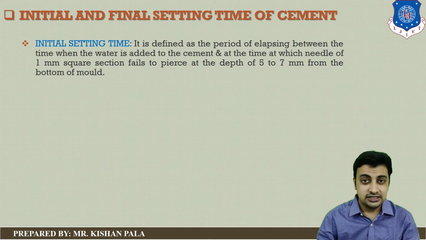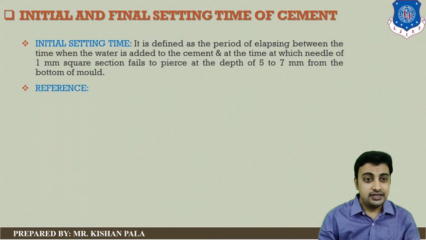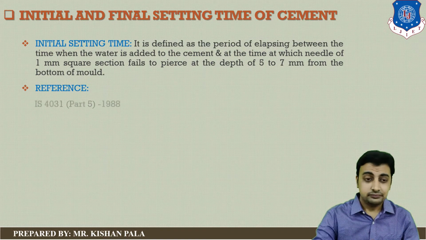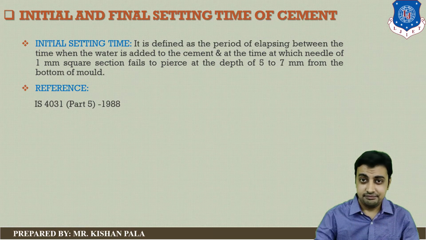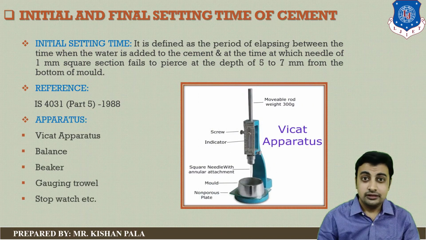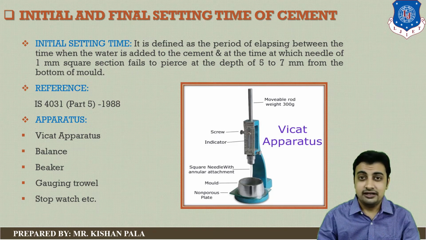So now let us start our test. You can refer to Indian Standard 4031 Part 5, 1988. For finding the initial setting time, we have to use the Vicat apparatus. You can see the Vicat apparatus on your screen.